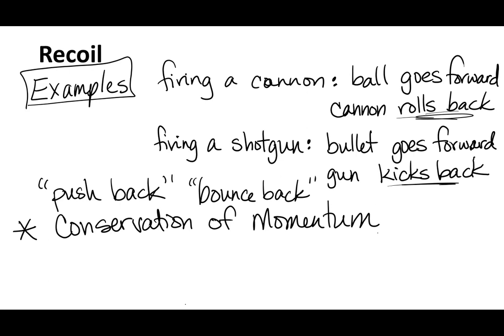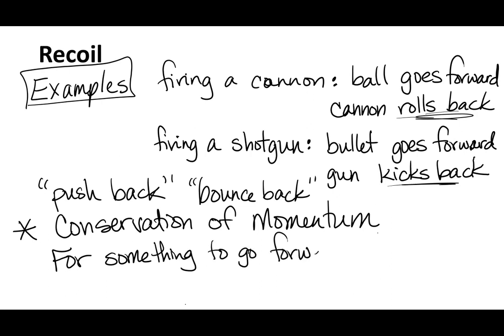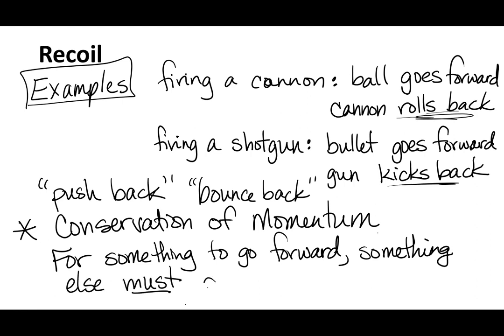Another way of saying this with recoil is for something to go forward, something else has to go backwards. And that is what we are going to see in our diagram, showing us the different stages, and also in the example that we're about to do.